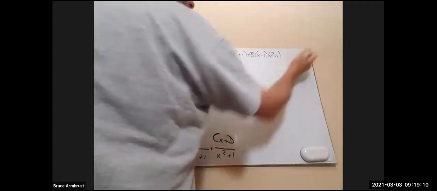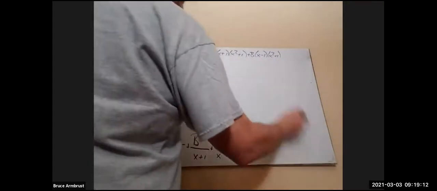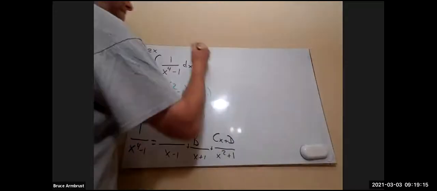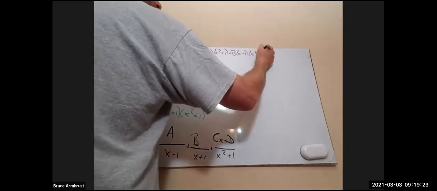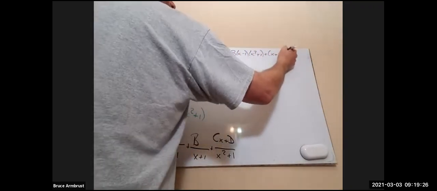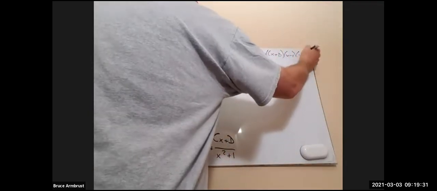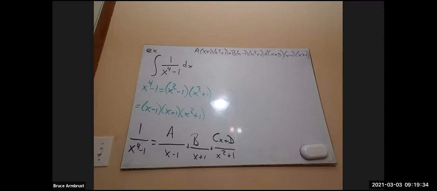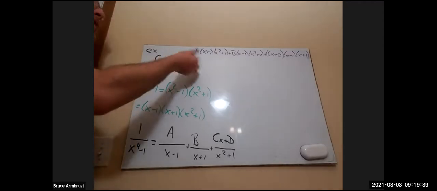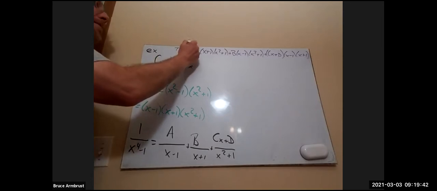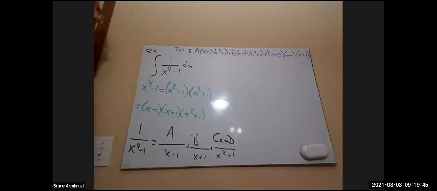And then lastly, A times x plus 1 times x squared plus 1, plus B times x minus 1 times x squared plus 1, plus our Cx plus D is going to be multiplied by x minus 1 and x plus 1. So all of this in purple is the top of the fraction once we put it together.